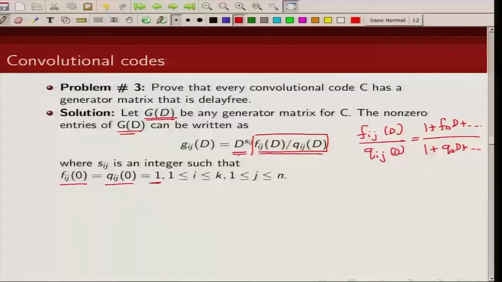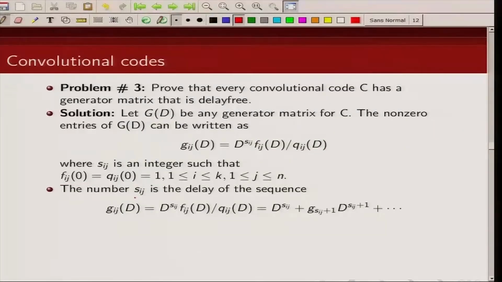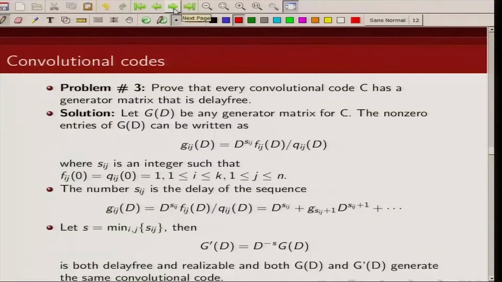Now, what is this term s_ij? It is essentially a delay term. If we consider s, which is the minimum of s_ij over all i and j, then we can find an equivalent generator matrix G'(D), which we can write as D^(-s) G(D), and this will be delay free.